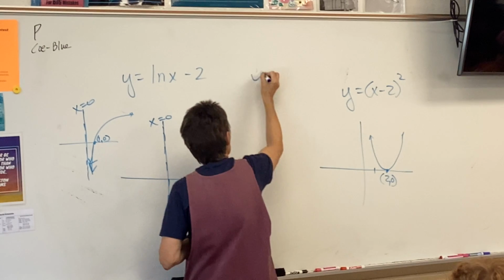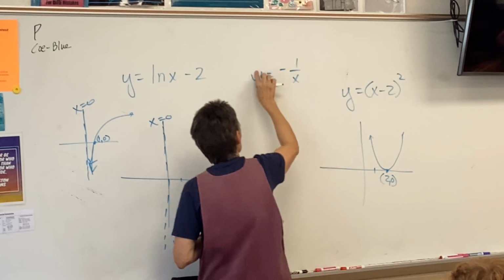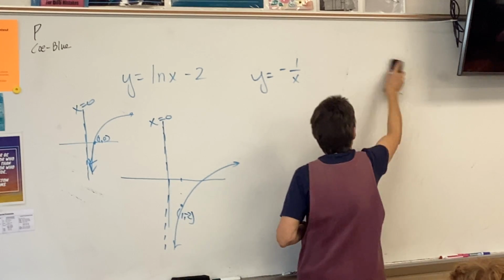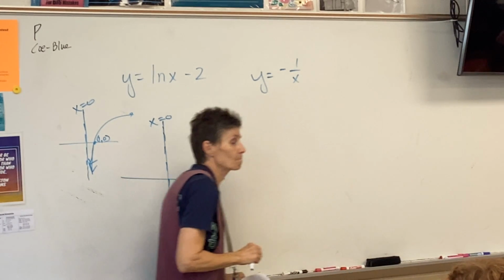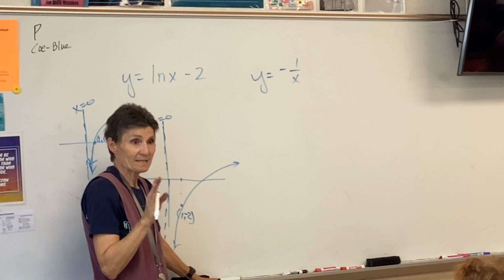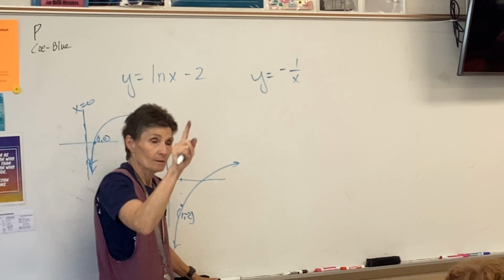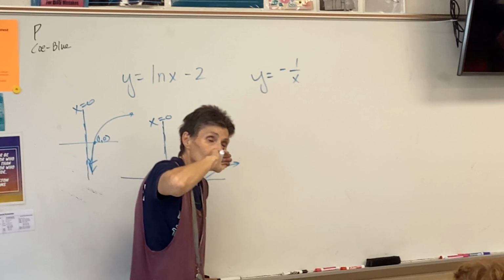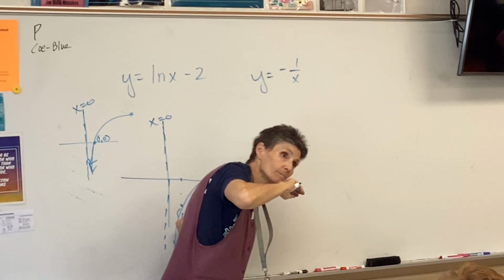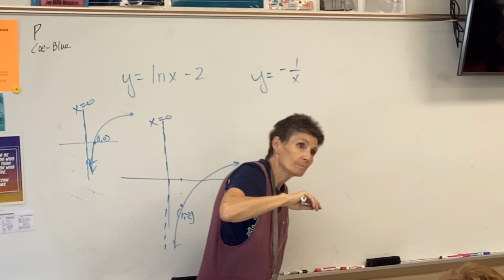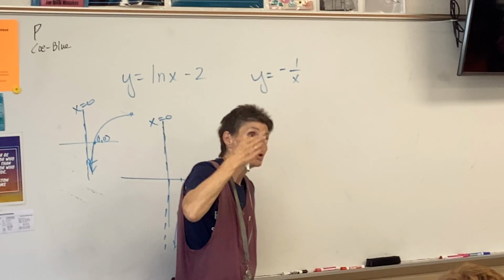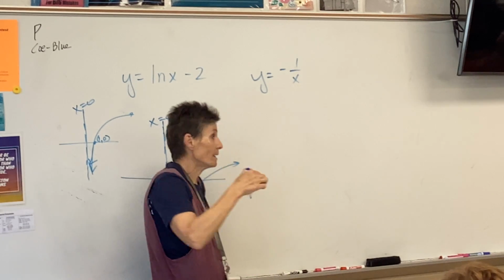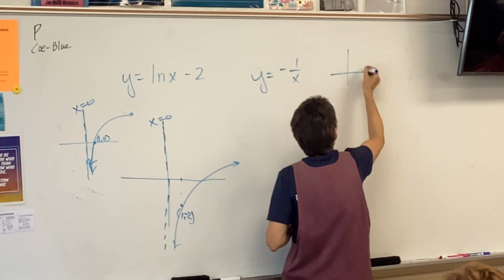Tell me about this next one. Negative 1 over x. Which basic function are we using? Reciprocal. The normal reciprocal is in quadrants 1 and 3. Let me draw it. Remember this guy?